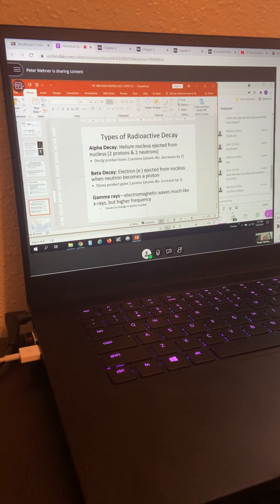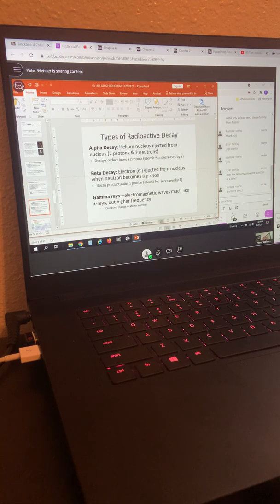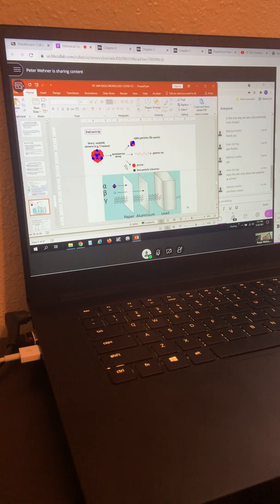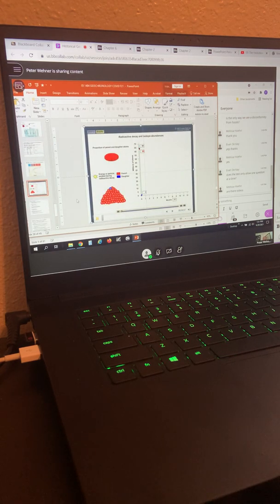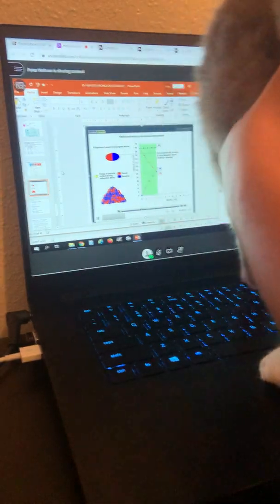Radiometric dating. We talked about the concept of it using radioactive decay. Parents changing into daughter. As time goes by, there will be less and less parent and more daughter. We talked about alpha particles and beta particles, but honestly, this is mainly for interest. And so as time goes by, there'll be more and more daughter being created, more blue daughters and less parent.